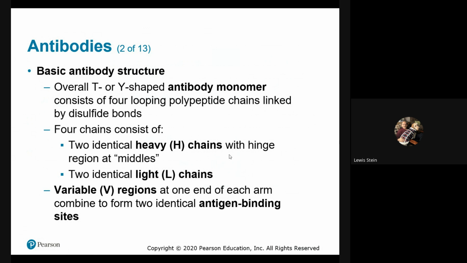Whether you think it's a T or a Y, we should remember from biochemistry, heavy chains and light chains with the hinged area in the middle.